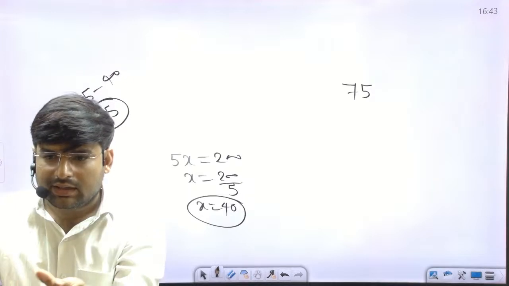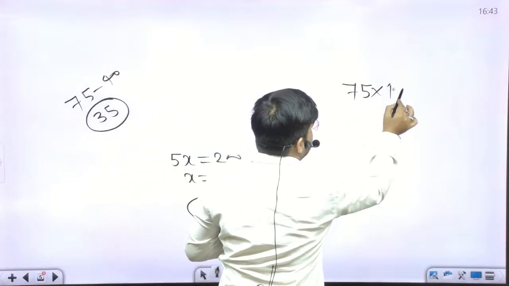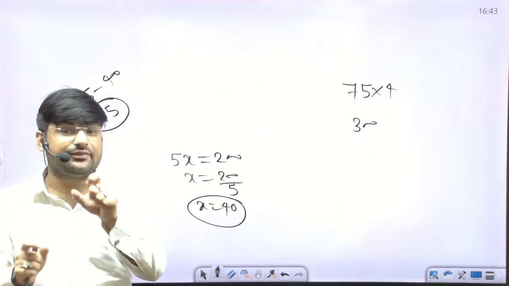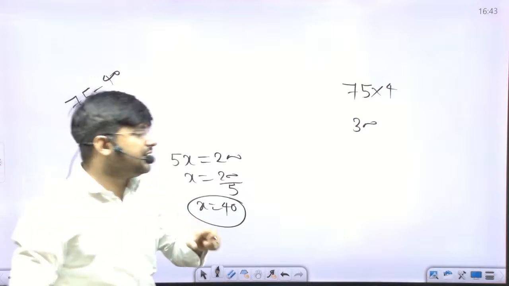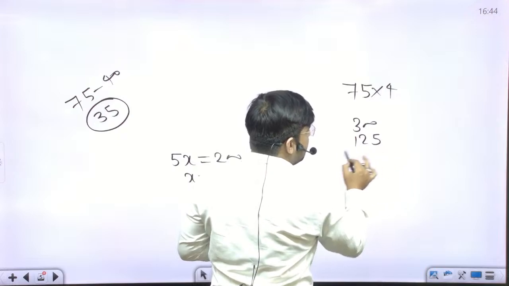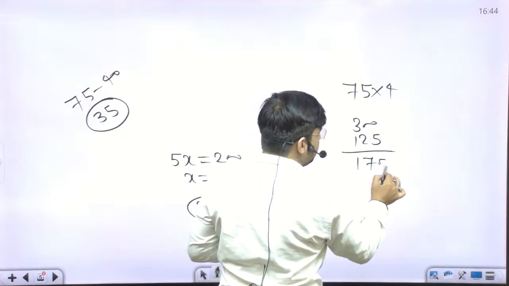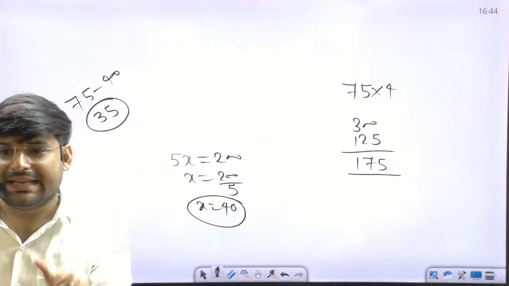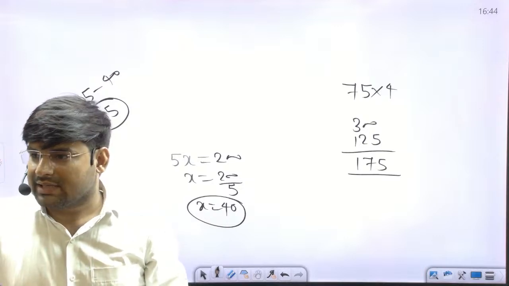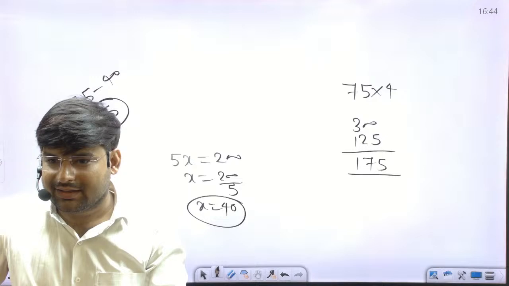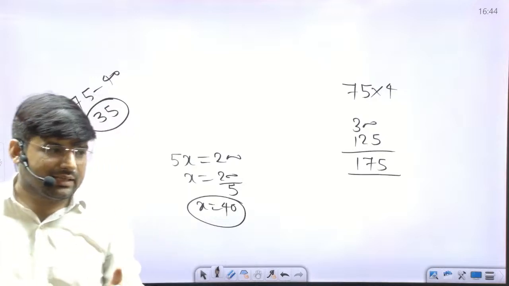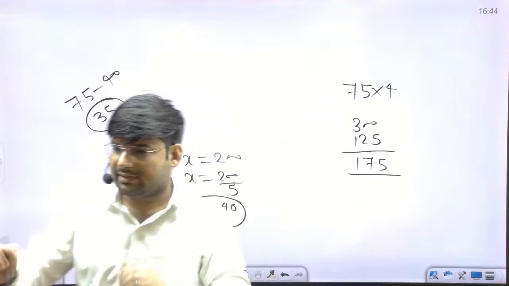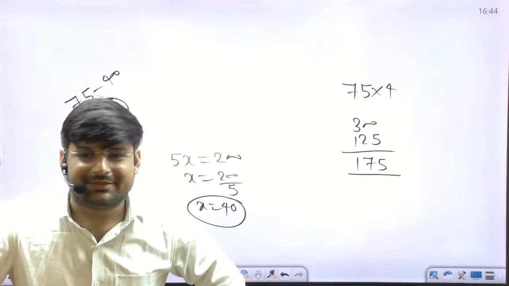75 into 4, 300. But he got only 125 marks. So 300 minus 125 becomes 175. He got 175 numbers less. Why? Because some of the questions he attempted wrong. How many numbers did he lose for every incorrect question? It's 5.